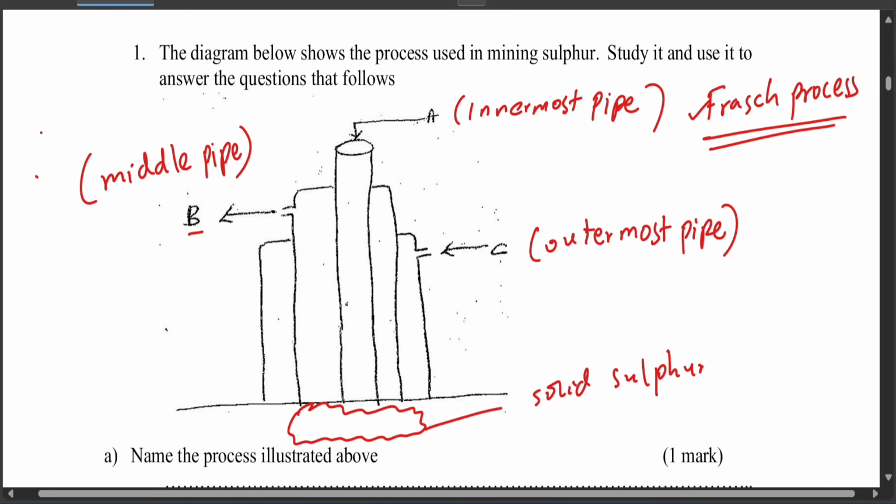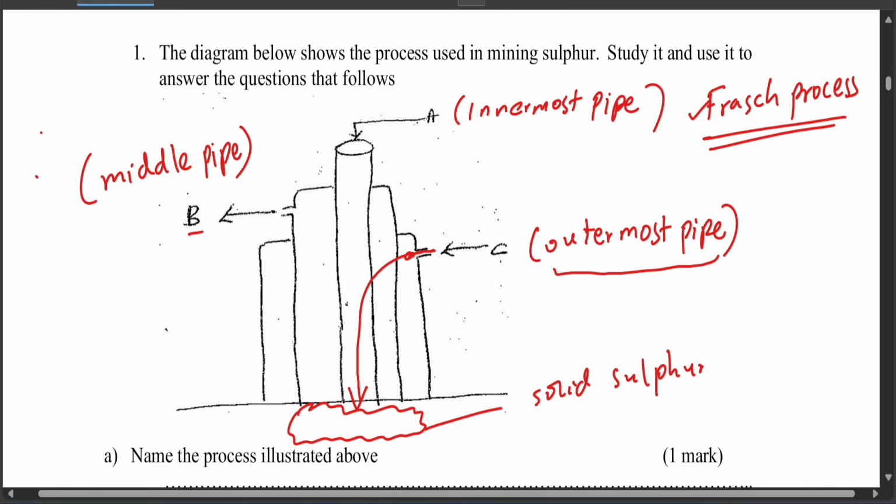So let's start with the outermost pipe. That's the first thing you need to know. Superheated water passes through the outermost pipe. When the superheated water reaches the solid sulfur, it melts it, so it makes it molten.